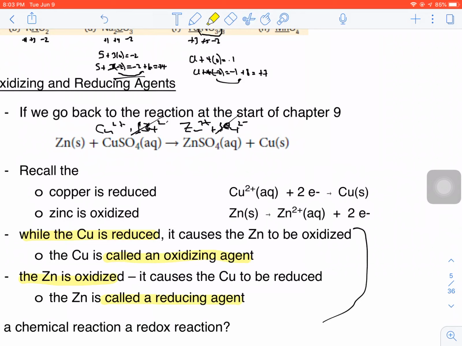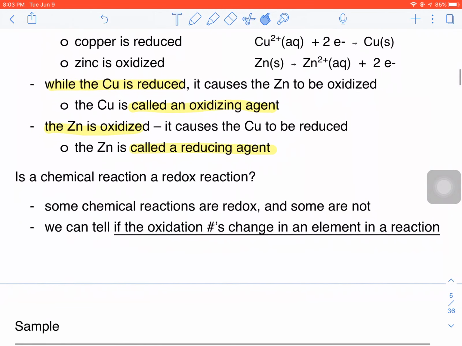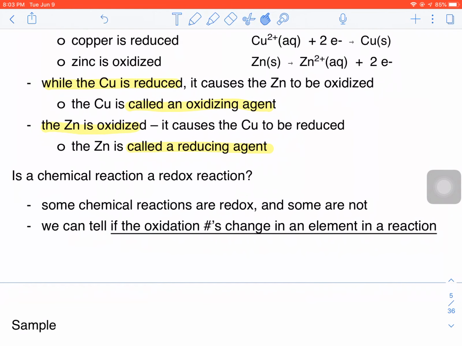Okay, that is the trickiest two points in this entire unit. So just try and keep those two terms straight, because the textbook spends quite a bit of time talking about oxidizing agents and reducing agents. Just remember, whatever is being oxidized is a reducing agent.